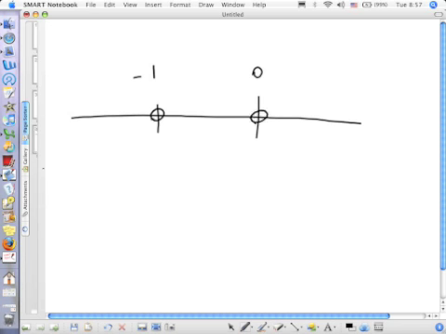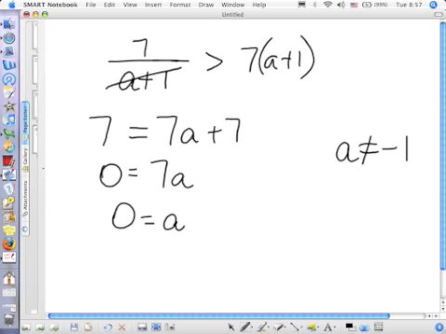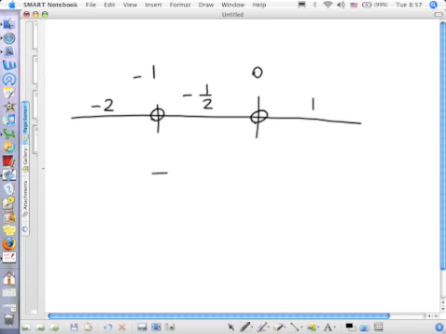So how many regions do I have to test? I have 3 regions to test, and I need to choose numbers in these regions. A number here we could use is -2. Here we can't use -1, so we'll use -1/2, and here we could use 1. Now we plug into our original, 7 over A plus 1 is greater than 7.